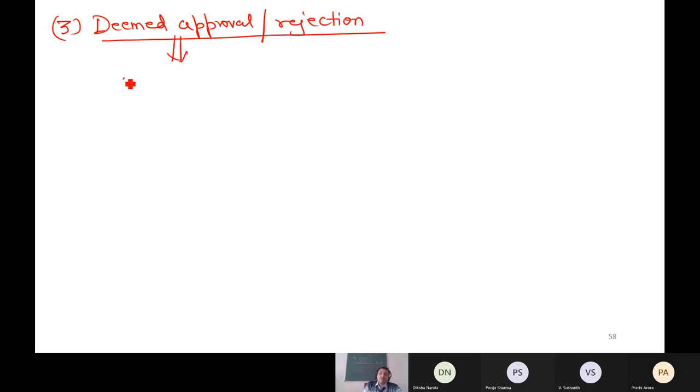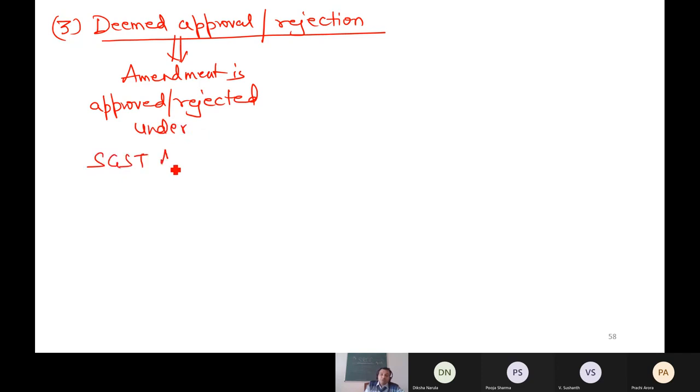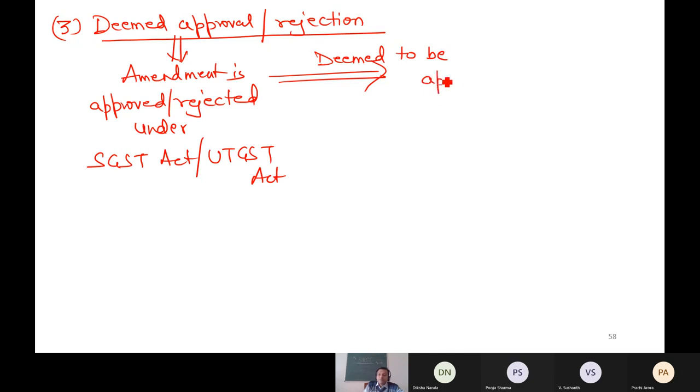If this amendment is approved or rejected, of course under the SGST Act or UT-GST Act, by default it is deemed to be approved or rejected under the Central Act also, the CGST Act.